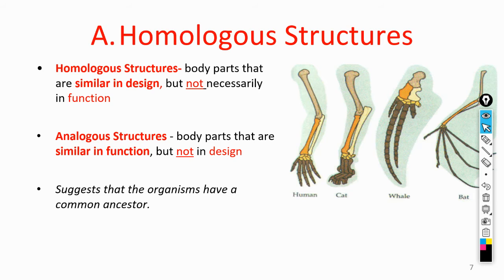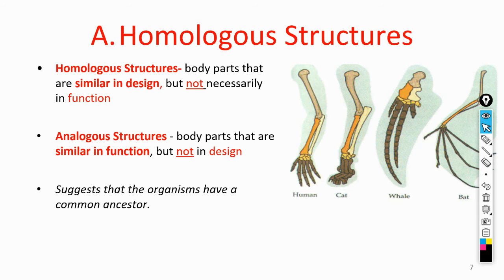Both of these, homologous structures, where organisms have the same type of structure but not necessarily the same function, and analogous structures, provide evidence for evolution. The first, homologous structures, suggest that the organisms have a common ancestor.